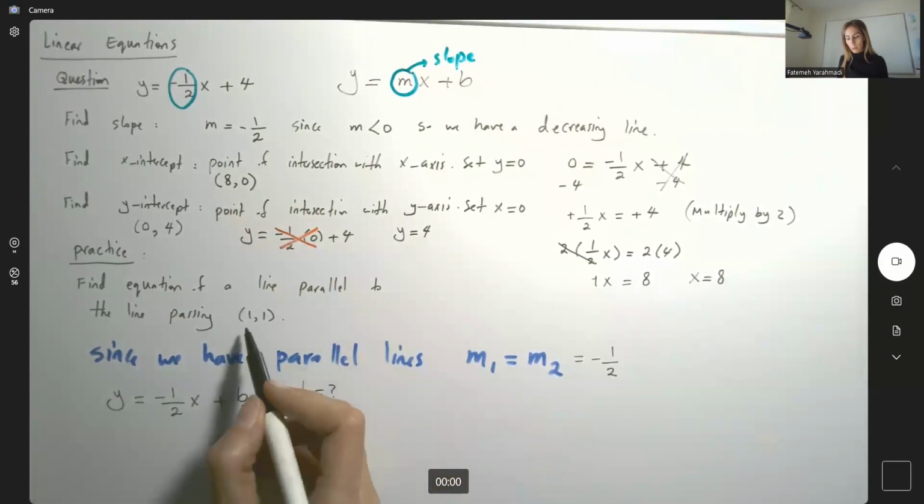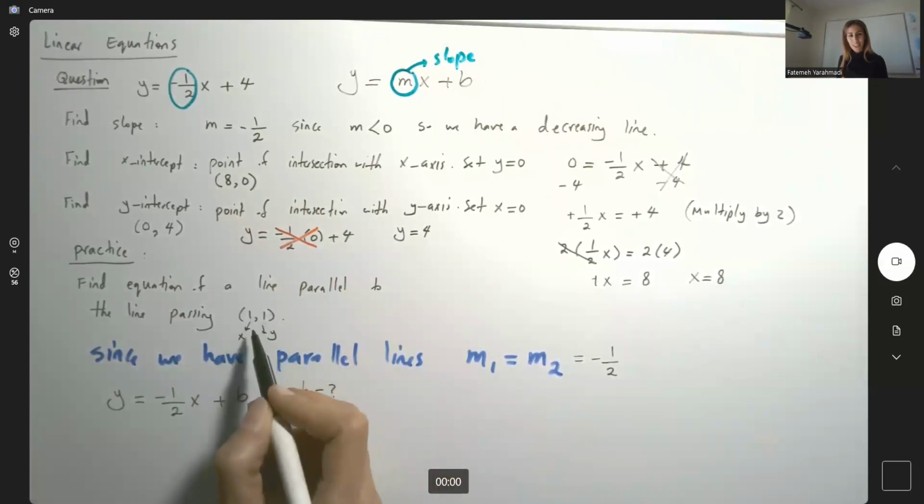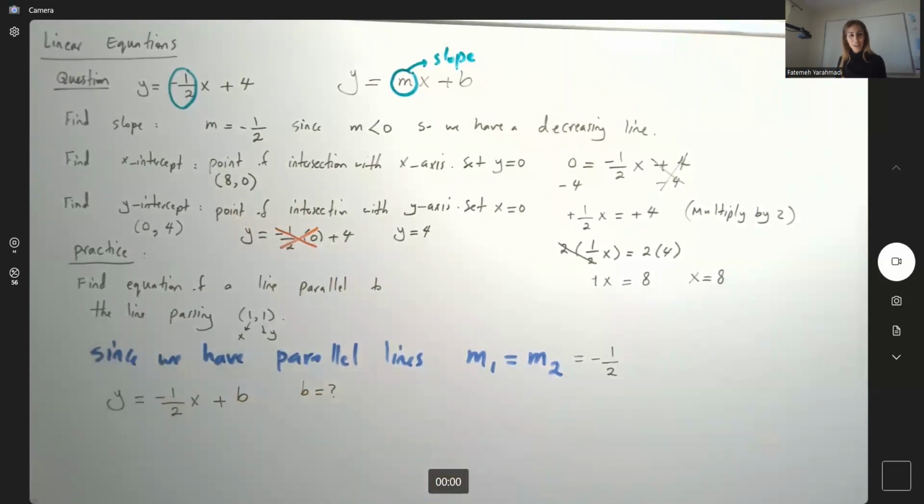What I'm going to do is use the rest of the information given to me: the point that is on this line. It says my y is 1. I have -1/2 as the slope. My x is 1, plus b. Okay, this is just algebra. 1 is equal to -1/2 plus b. I'm going to add 1/2 to both sides.